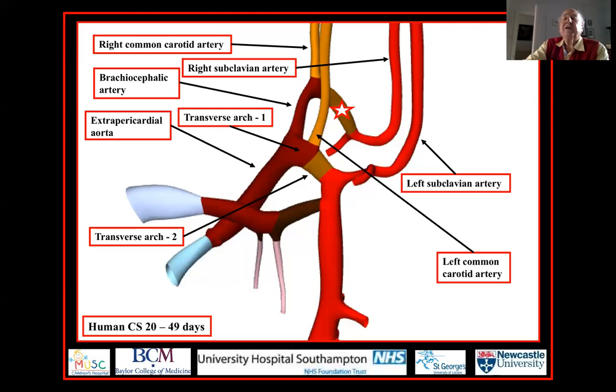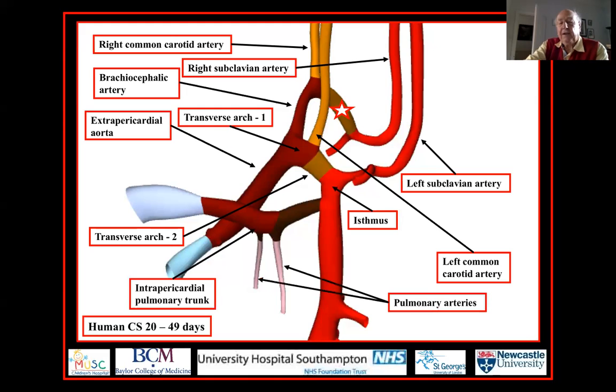The left seventh cervical intersegmental artery has migrated across the union between the arterial duct, which was the left arch artery, and the descending aorta. And that has now permitted us to recognize the isthmus of the aorta.